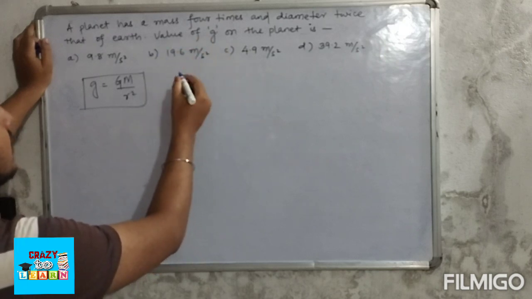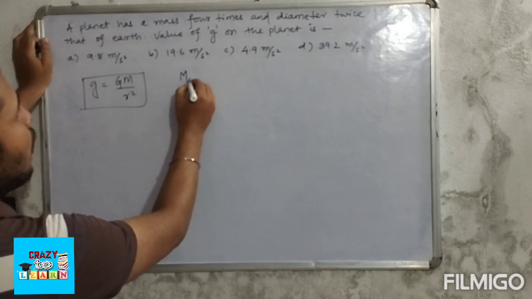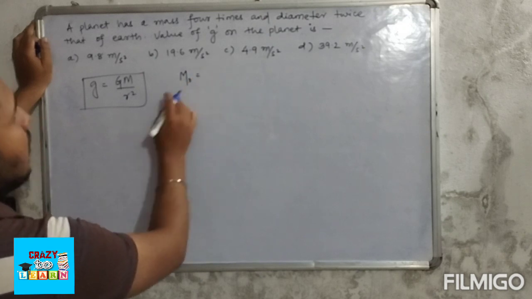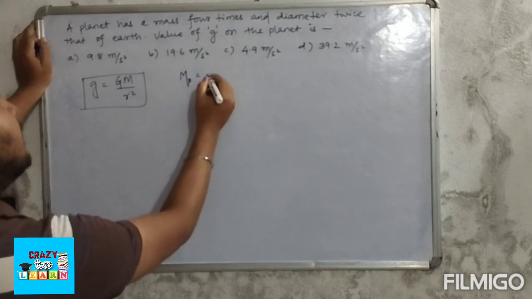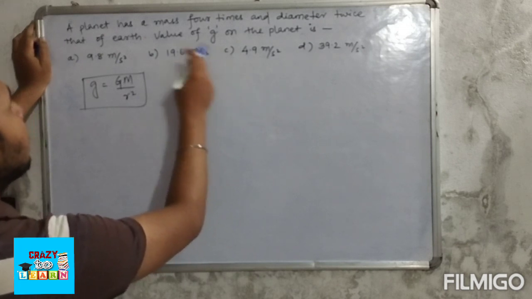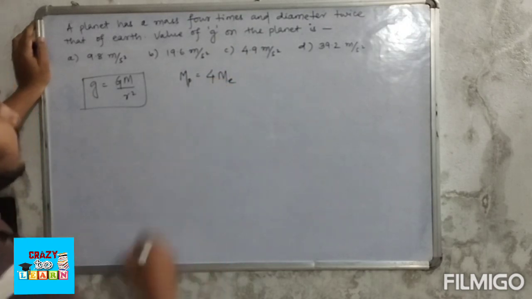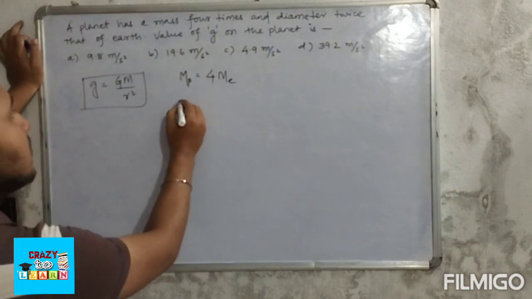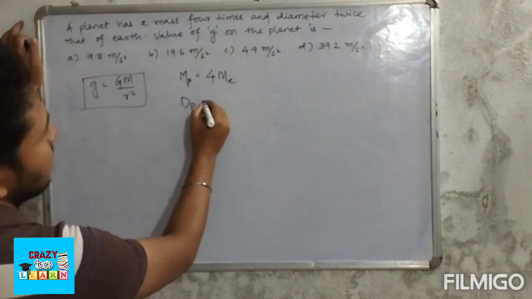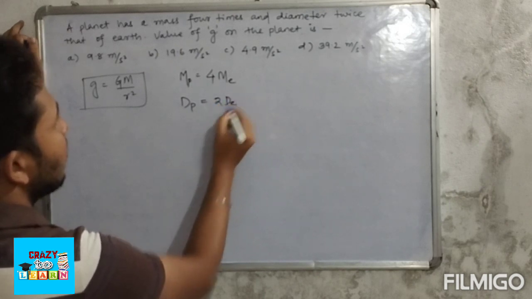Take the mass of the other planet, M P, equal to 4 times that of Earth, that is 4 M E, and the diameter of the other planet is equal to 2 times the diameter of Earth.